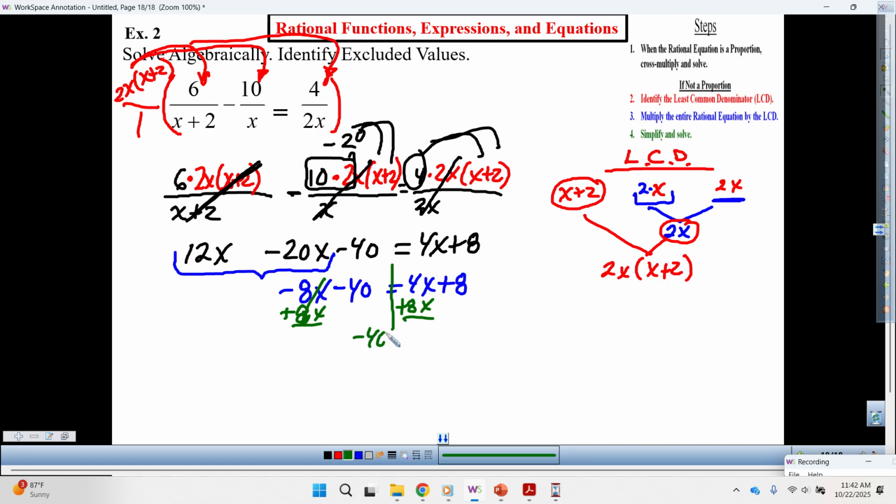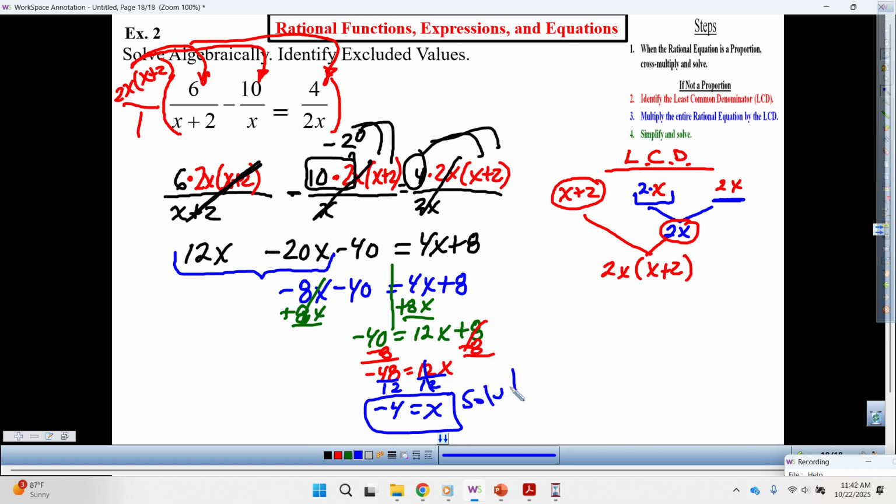That leaves me with negative 40 equals 12x plus 8. To solve for x, what do we do? Minus 8, minus 8. That's negative 48 equals 12x. Last but not least, divide by 12, divide by 12. Negative 4 equals x. Solution.